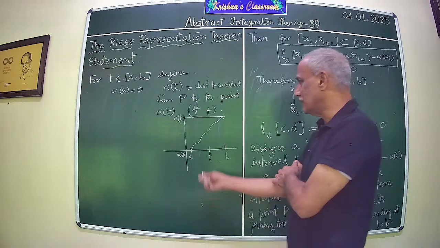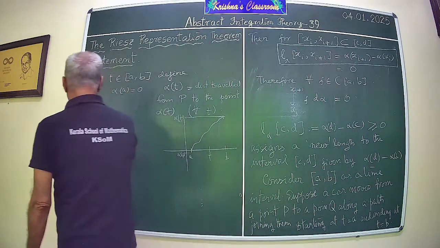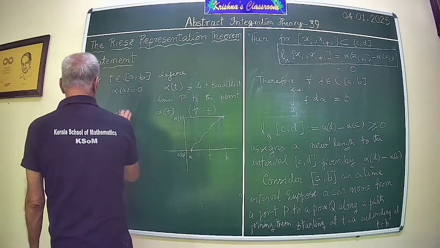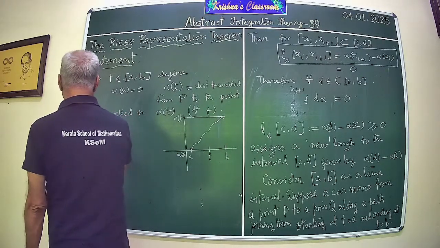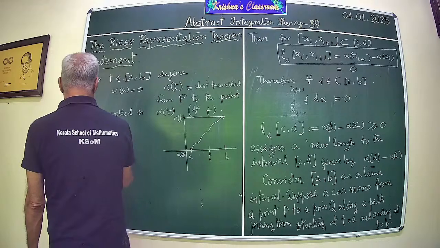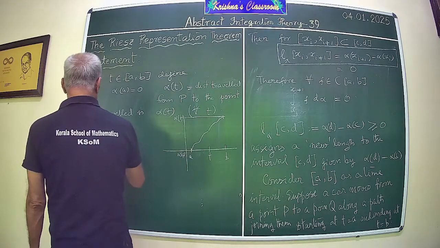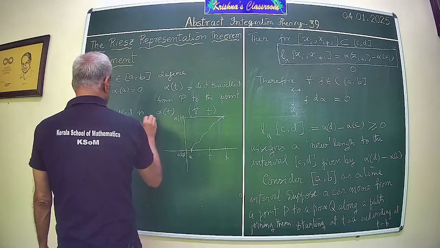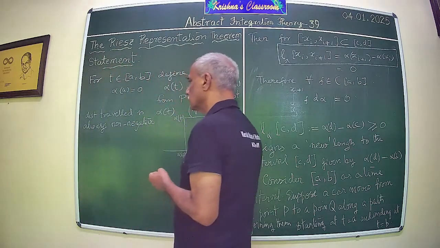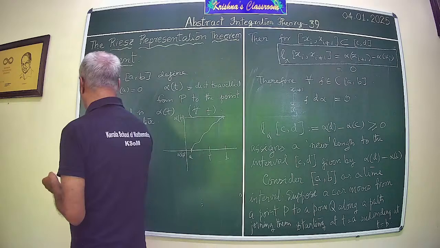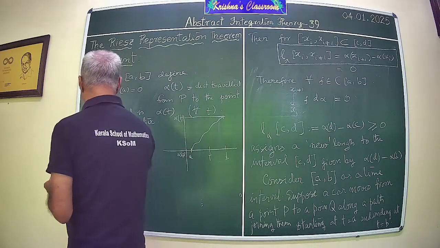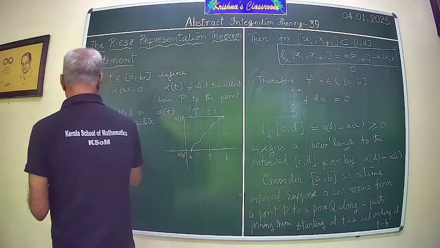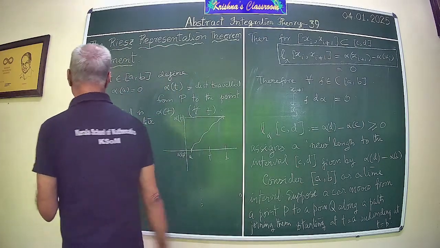So the distance traveled is always non-negative, and the distance function is monotonically increasing, or at least it is not decreasing.